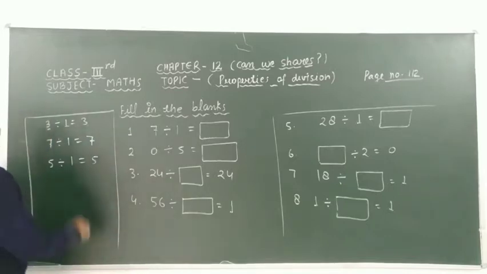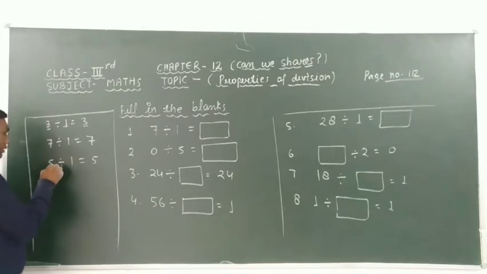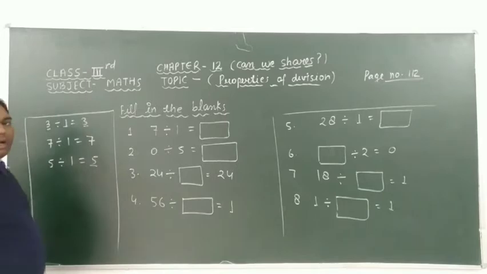It means that if we take the division of 3 by 1, then we get 3 as same. If we take 7 by 1, then we get 7 as same. Similarly, if we take 5 divided by 1, then we get 5 as same.